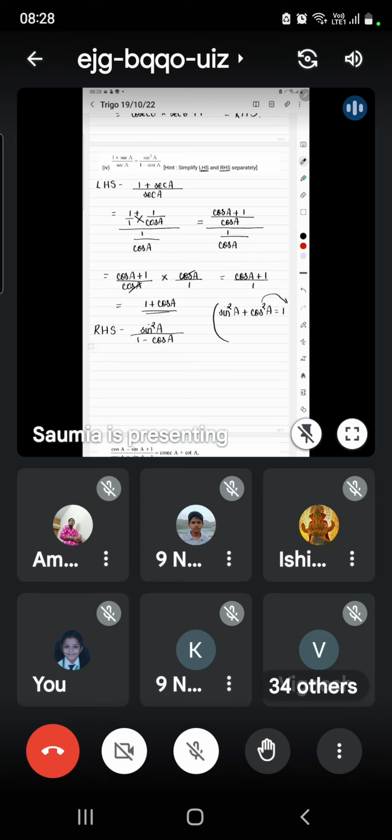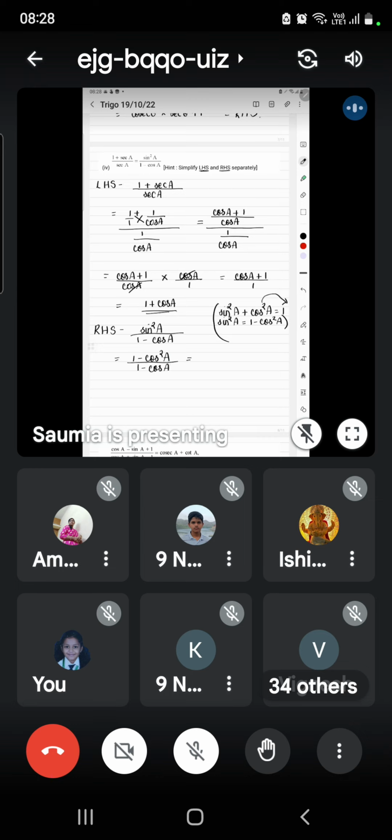If I push cos square A to the other side, I will get sine square A is equal to 1 minus cos square A. That I am going to write here. So I am going to write my numerator as 1 minus cos square A upon 1 minus cos A.